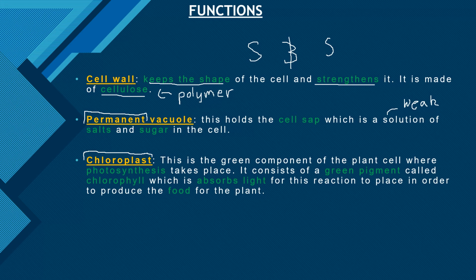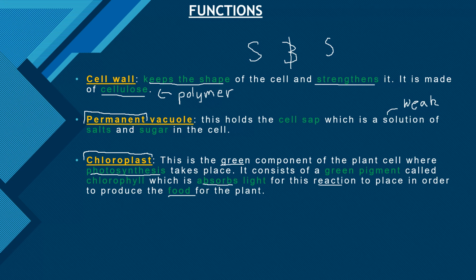The chloroplast. This is the green component of the plant cell where photosynthesis takes place. It consists of a green pigment called chlorophyll, which absorbs light for this reaction to take place to make food for the plant. Now photosynthesis, we will look at this at a later date, but chloroplast is a really key component, and it is a green component.